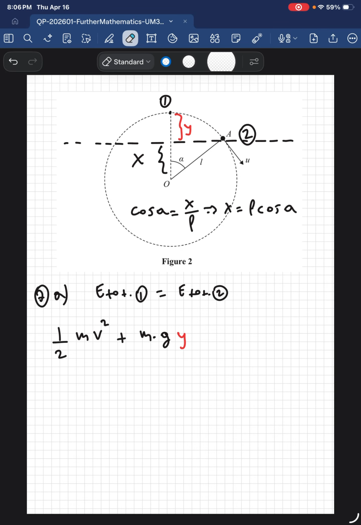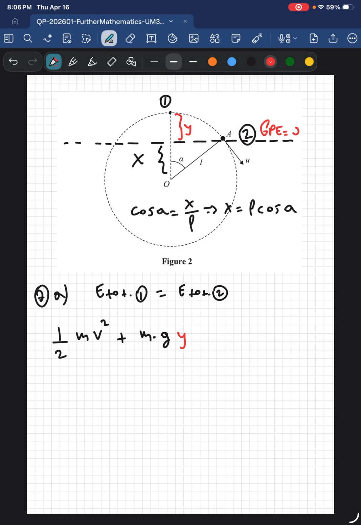And we take the gravitational potential energy, we take GPE to be 0 at point 2. So at point 2, the only energy we have is kinetic, and it's equal to 1/2 m times u squared, which is our initial velocity, okay? Now, for the particle to barely make it to point 1, its velocity, so v squared, is going to be 0.